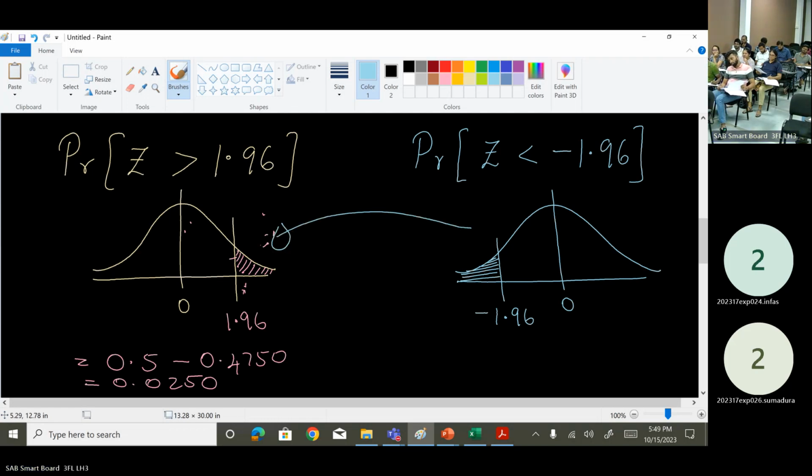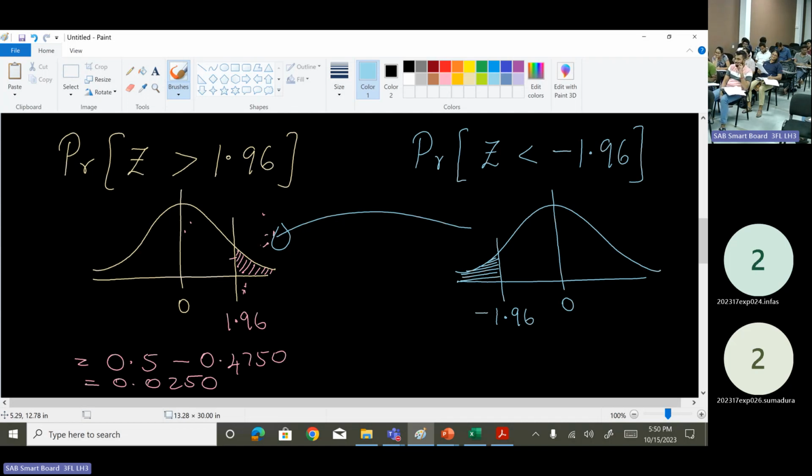We know how to refer this and get the answer. Same answer for that. So if you have a left side region, assume that it is on the other side and you refer. That part you are doing in your mind, right? So to get this area, you refer 1.96.